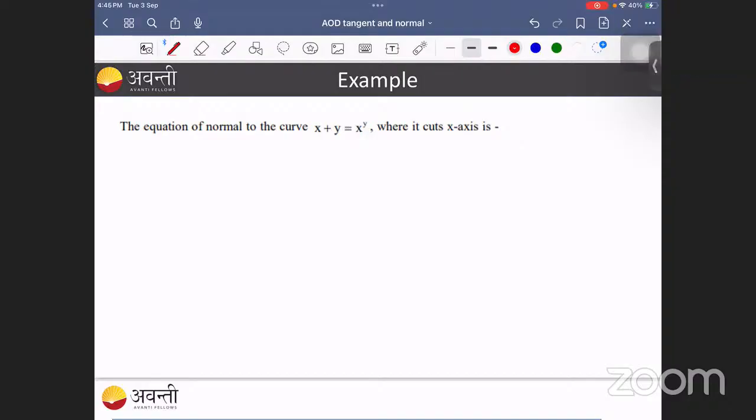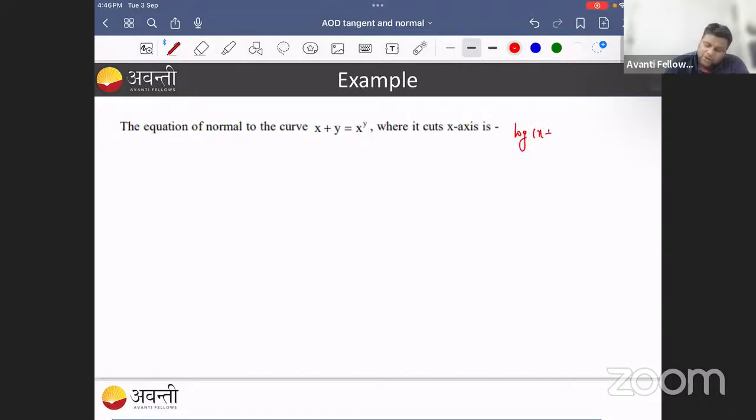Log of x plus y, so 1 upon x plus y, multiplied. Very good. This is what I wanted to hear, because most students make a mistake: they take a log and then write it as log x plus log y. It was great that you have not done this.